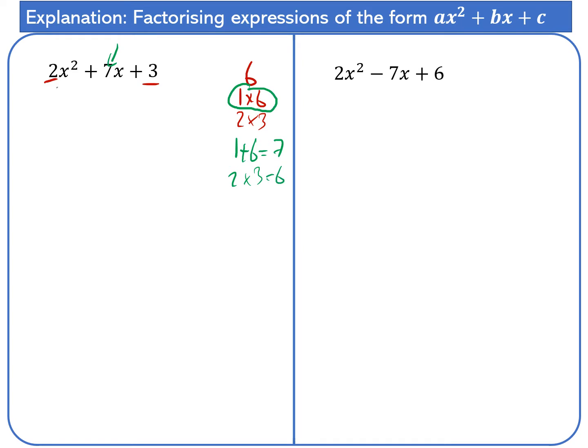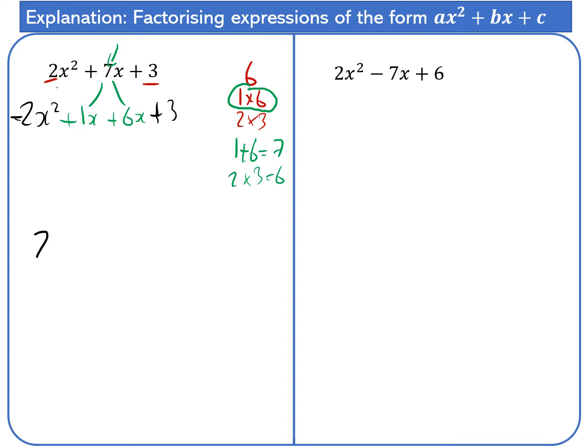This 2x squared just drops down, and so does the plus 3. And my 7x breaks up into the 1x and 6x. And these two expressions are the same. So 2x squared plus 7x plus 3 is equal to 2x squared plus 1x plus 6x plus 3.